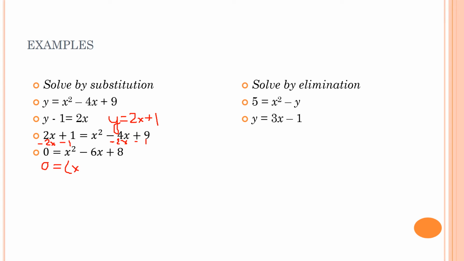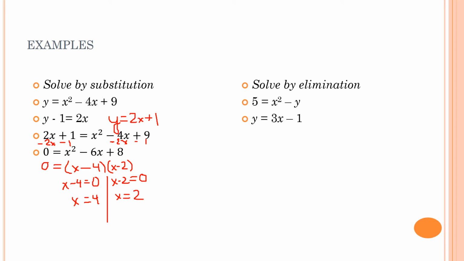Factors of positive 8 that add up to negative 6 would be negative 4 and negative 2. Zero product property, split set solve. And we have x equal to 4 and x equal to 2.